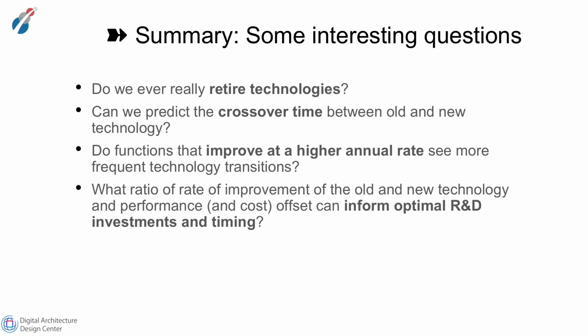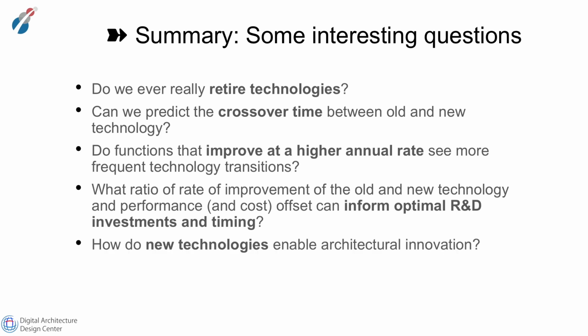And this is something that I thought a lot about, particularly in industry, is how to optimally allocate R&D budget between maturing or further improving mature technologies versus investing in newer ones that are just at the beginning of their S-curve. And then the big question for this workshop is, how do new technologies enable architectural innovation?